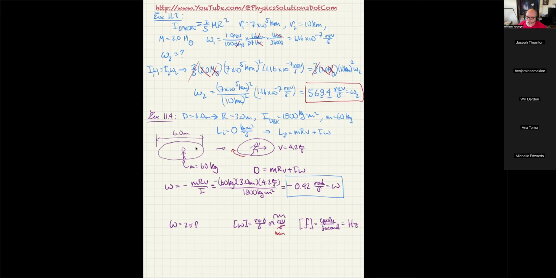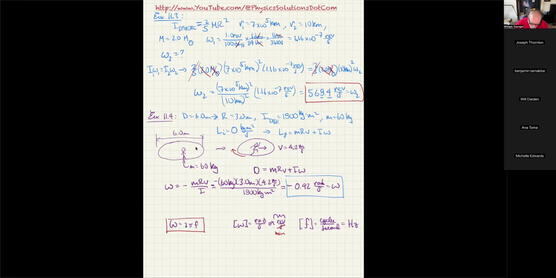If it's revolutions per second, I would probably call that f. But you can see that the formula omega equals 2 pi f is merely a conversion from cycles to radians. And that's what I was trying to point out to you. Anybody have any questions on that?